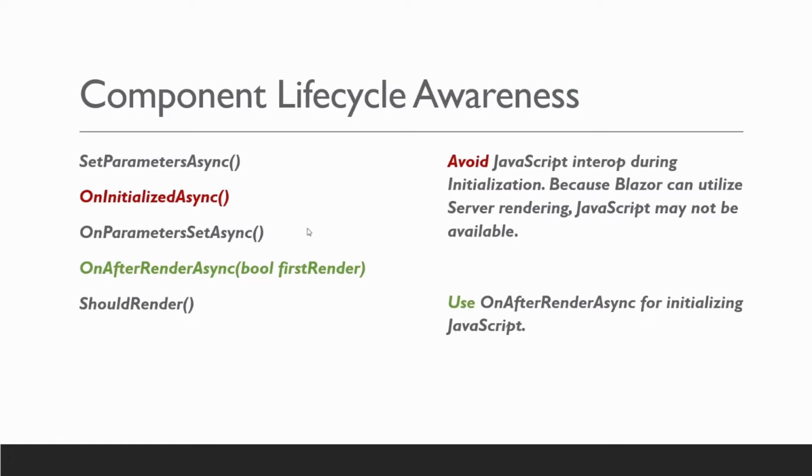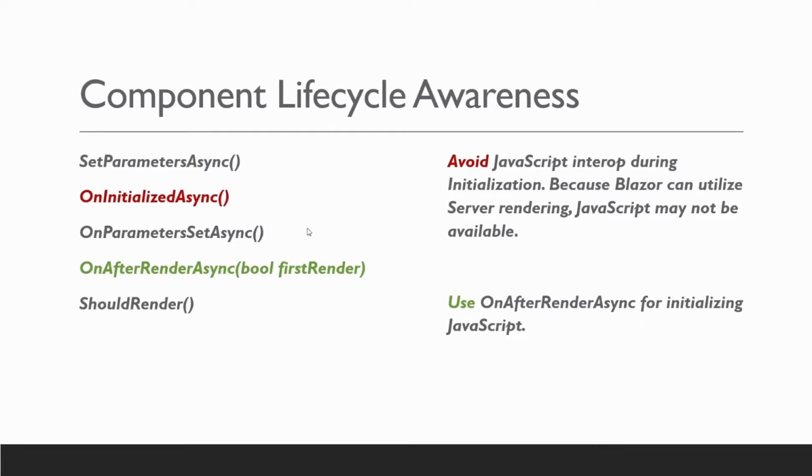Generally, you want to avoid calling any of these JavaScript interop functionalities from within the OnInitializedAsync method. Now, I know this is where a lot of your initialization code usually goes when you're calling for data for your application, things like that.